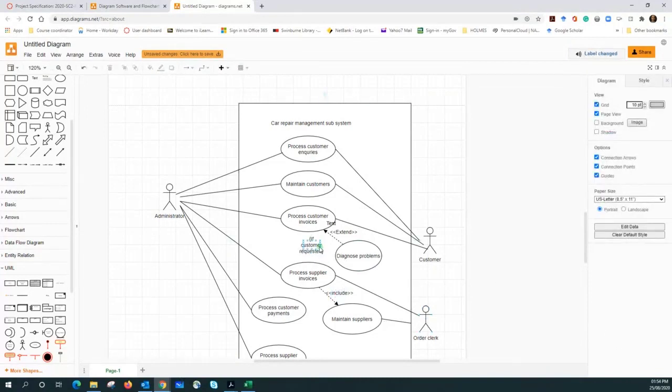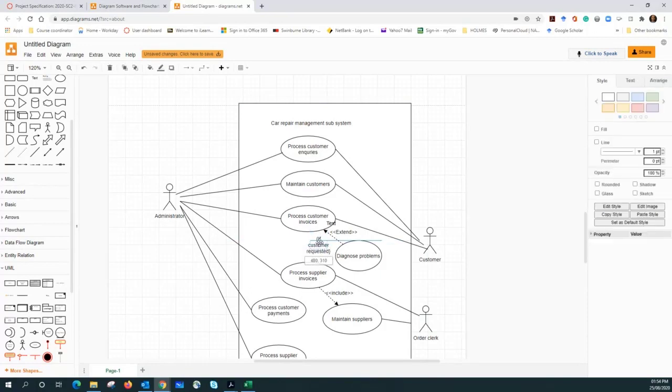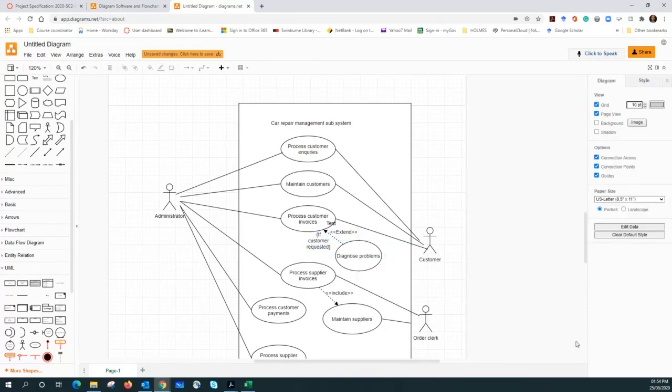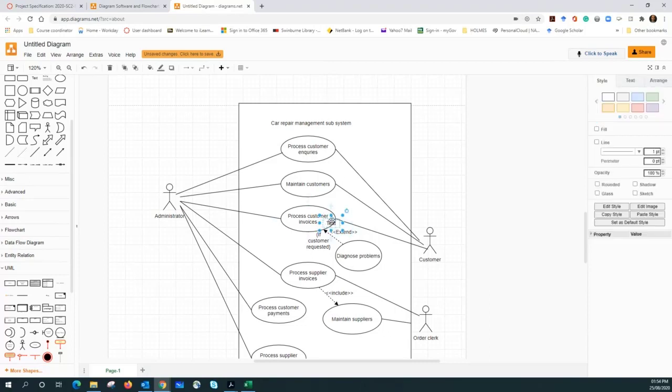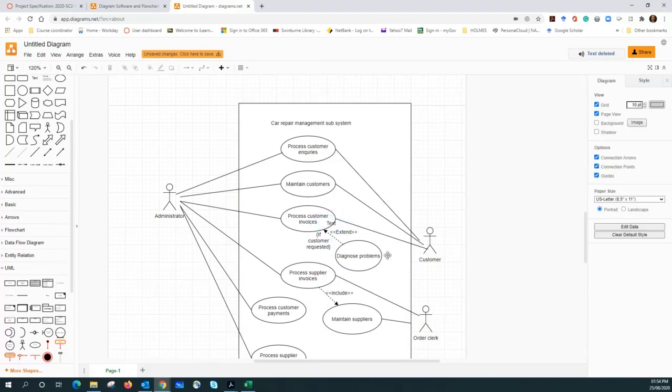Right, if the customer requested, they should be able to get an idea about the problem of the vehicle, right? Sorry, I need to delete this part. I don't need that one.